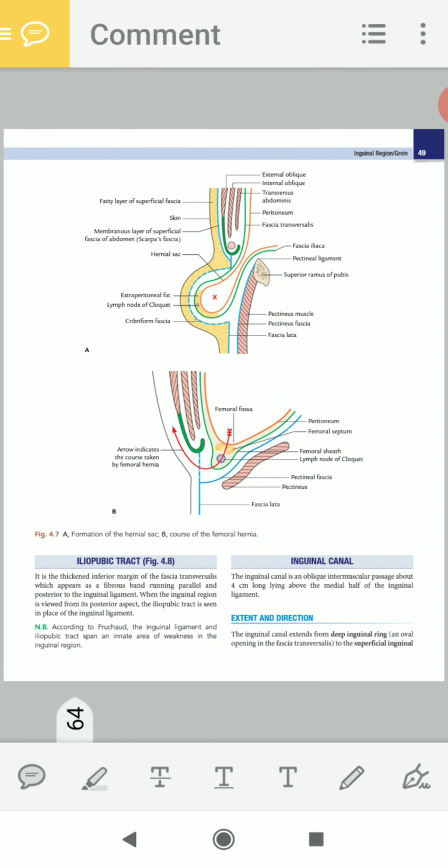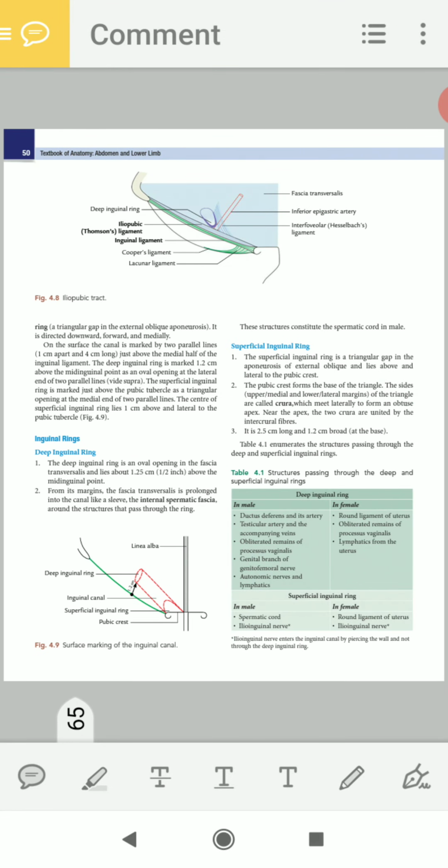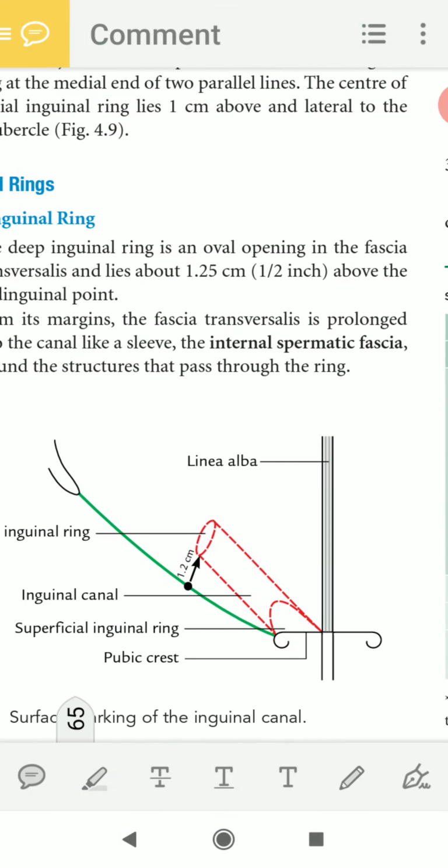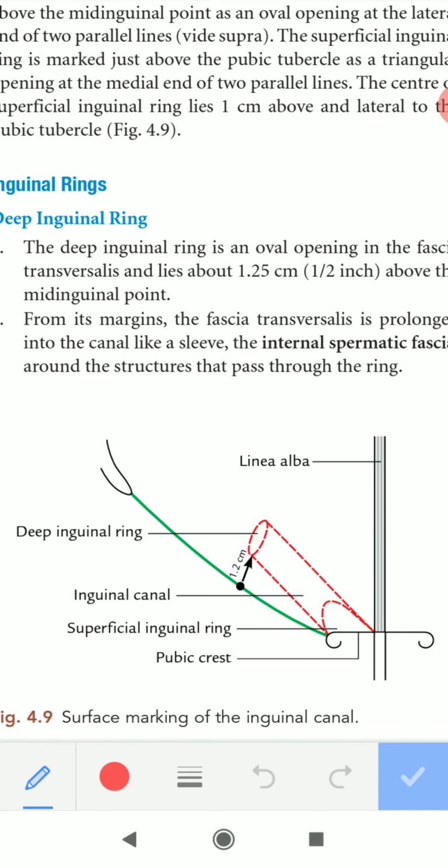Now come to the extension. You can see the inguinal canal is extended from deep inguinal ring to the superficial inguinal ring.